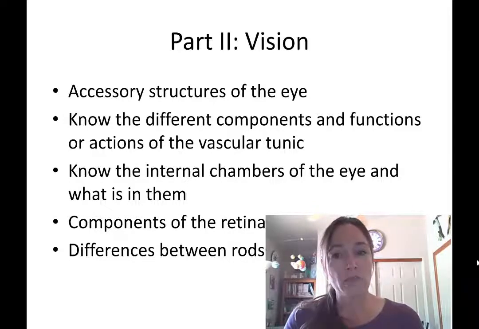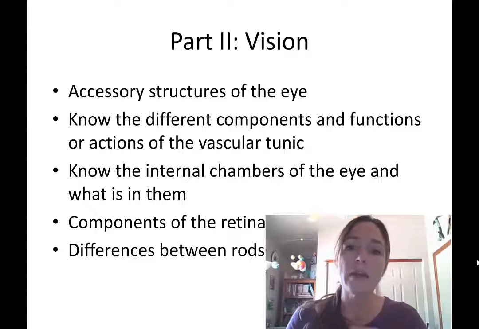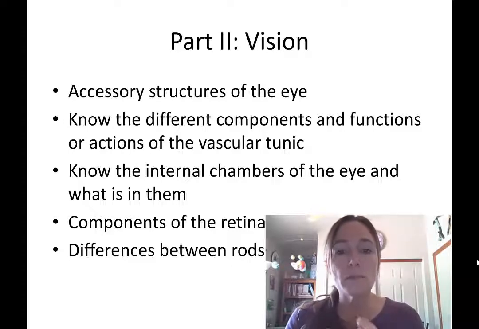The internal chambers of the eye, you really want to think of the lens as dividing the front part of the eye from the back part of the eye. So the posterior chamber of the eye contains this very jelly-like substance, clear, but it stays in your eye for your whole entire life, and that's known as vitreous humor. The anterior chamber of the eye between the lens and the cornea is a smaller space, but it's filled with aqueous humor.